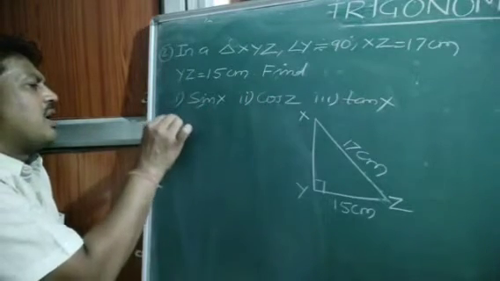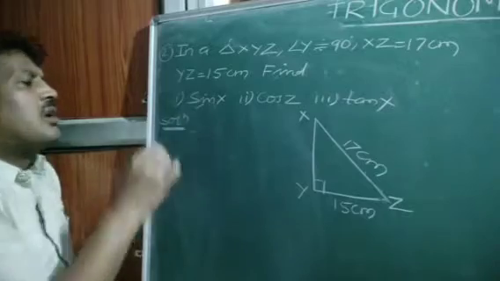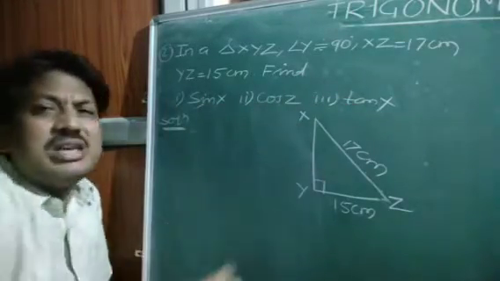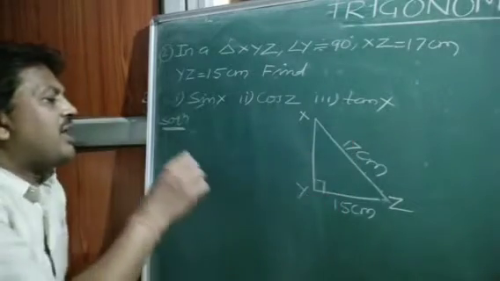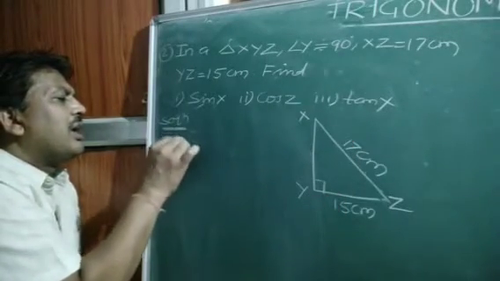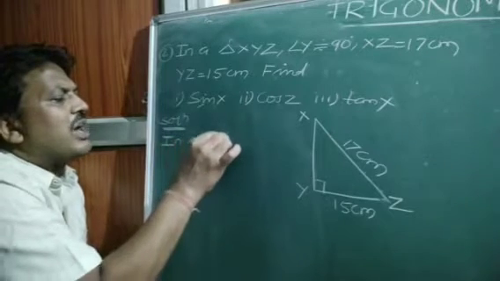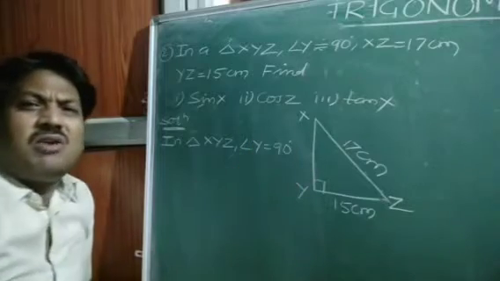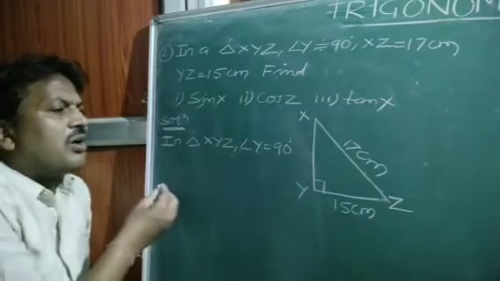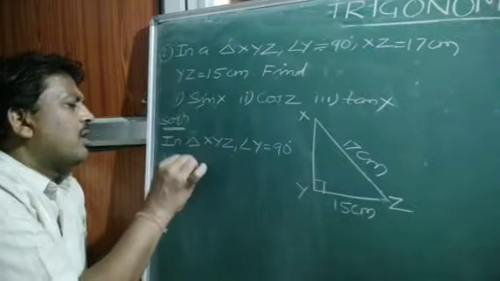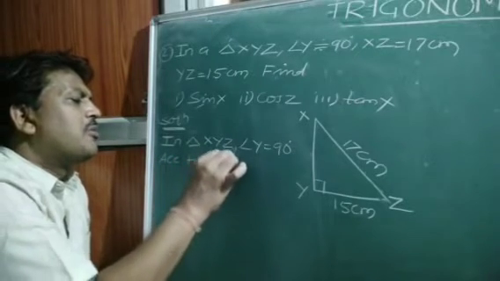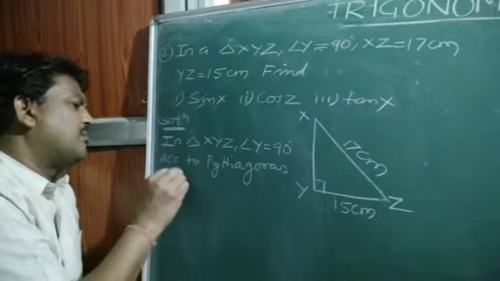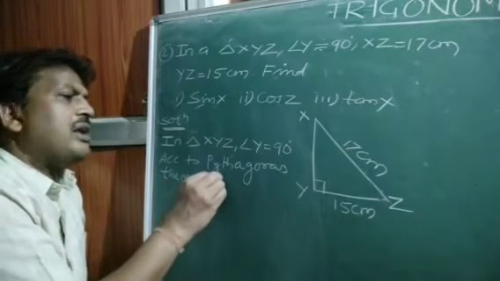Very simple children. Like the previous question, to find the trigonometry ratios we need all three sides. Only two sides are given. So we can write, in triangle XYZ, angle y is equal to 90 degree. When one of the angles is 90, according to Pythagoras theorem, what can we write children?